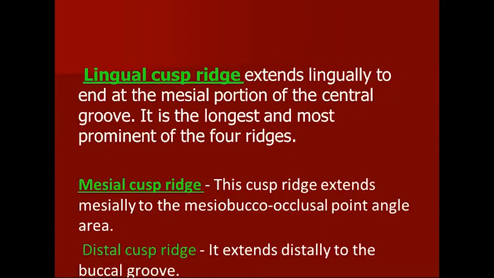Lingual cusp ridge extends lingually to end at the mesial portion of the central groove. It is the longest and most prominent of the four ridges. Mesial cusp ridge. The cusp ridge extends mesially to the mesiobuccoocclusal point angle area. Distal cusp ridge. It extends distally to the buccal groove.